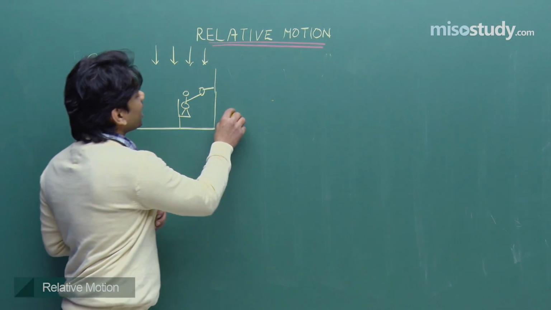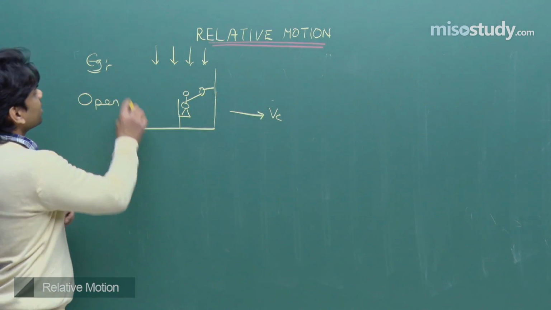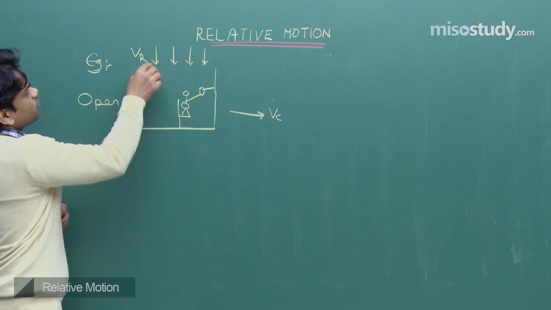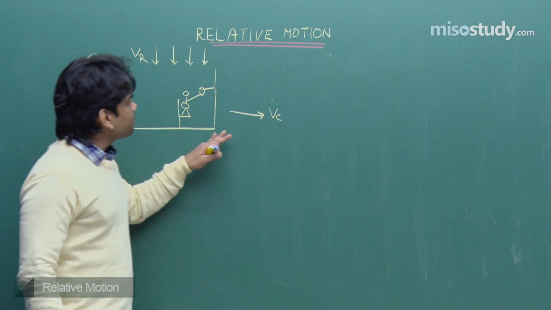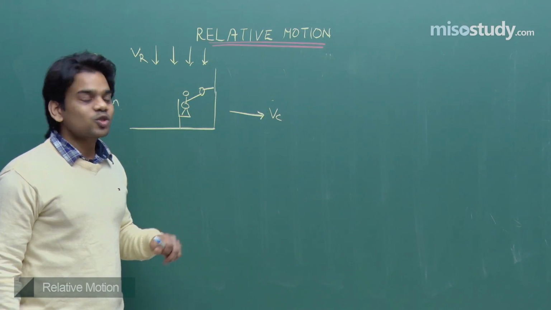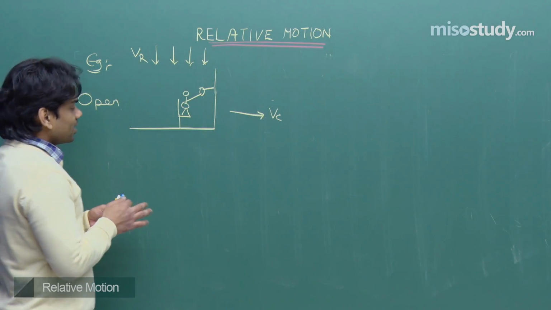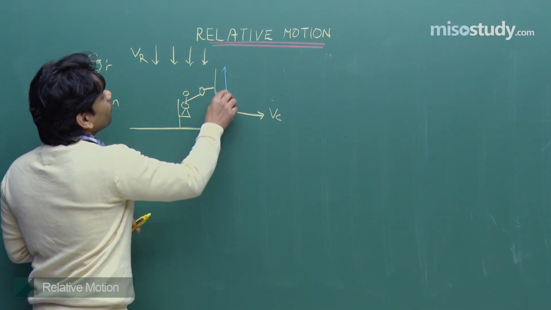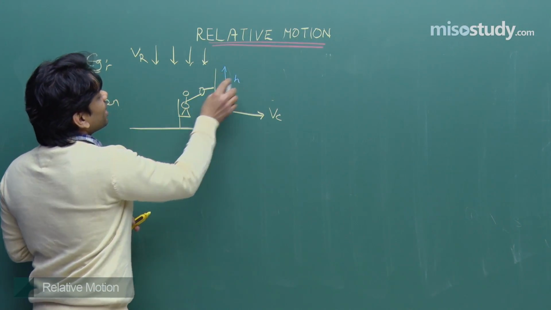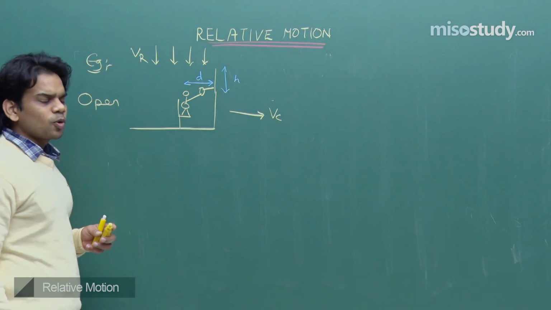Now, he can drive this car up to some speed, let's say Vc, and let's say the speed of rain is Vr. Now, with respect to rain, what is his speed so that the rain will not hit his head? It's also given that the height of the windpane is h and this distance is d.